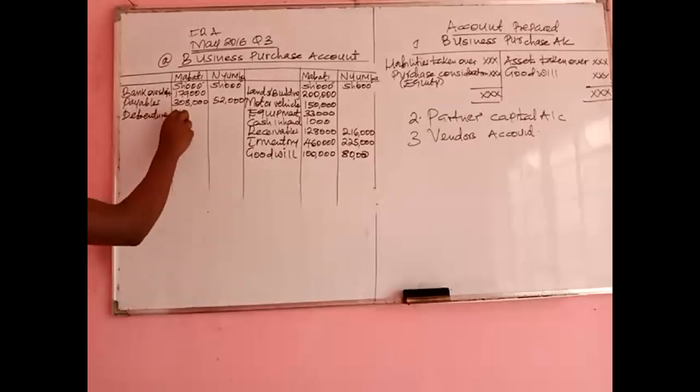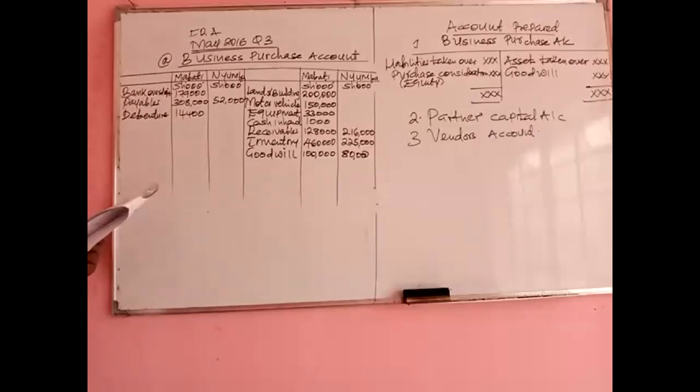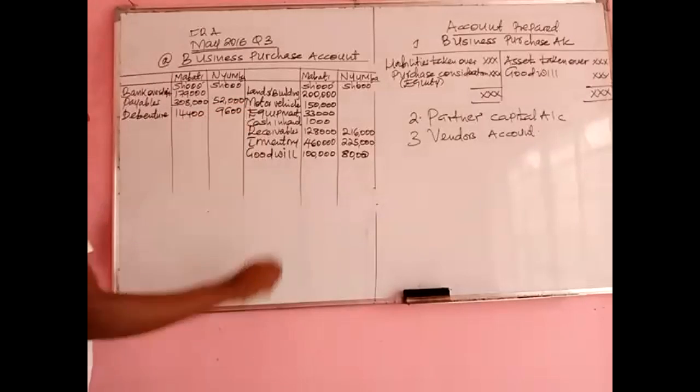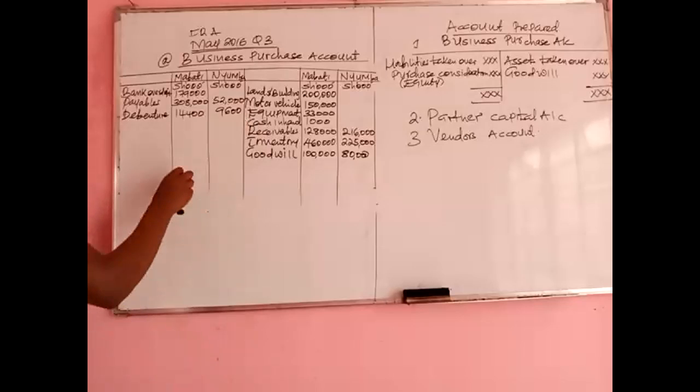So it is 14.4 million, which is 14,400, and the total gives 24,000 of non-current liability. Having that, we don't have anything else in the trial balance, so we can balance.